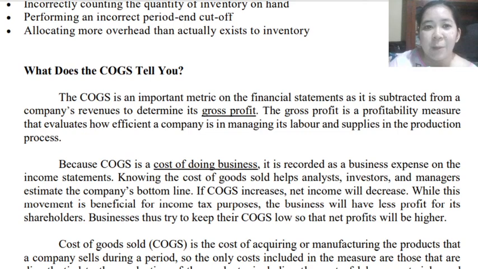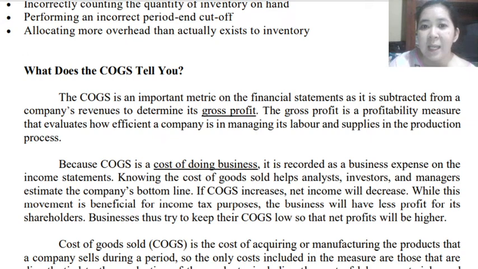Okay, so we will proceed with what the cost of goods sold tells us. Here, this is used actually as an important measure in our financial statement because this is an element that is being subtracted from the company's revenue to determine our gross profit.